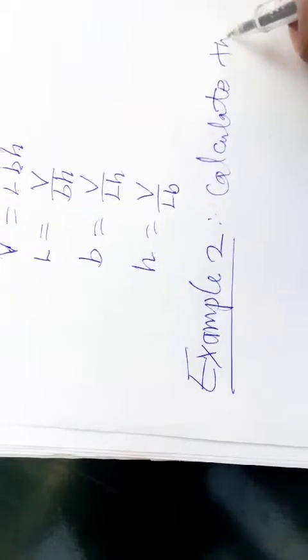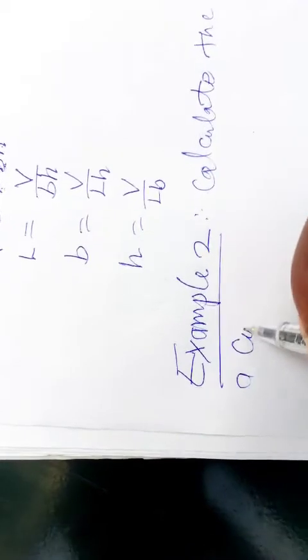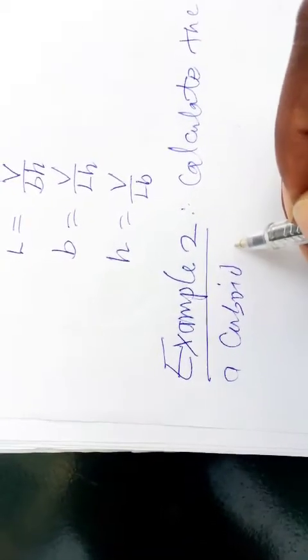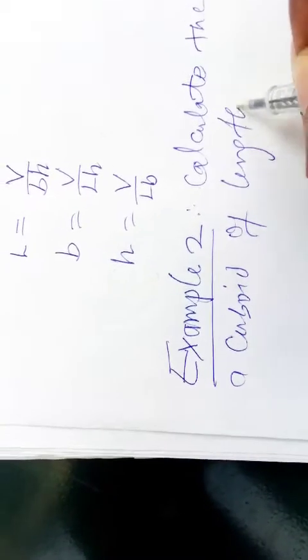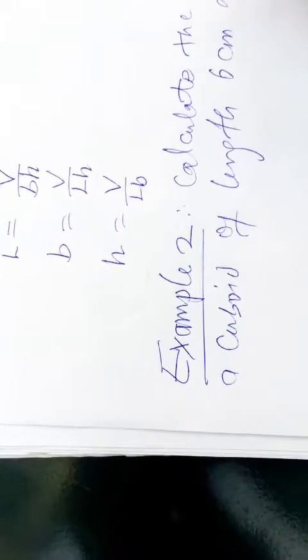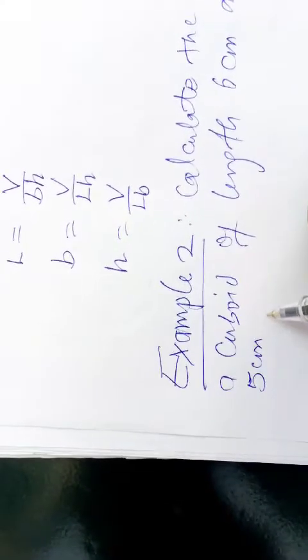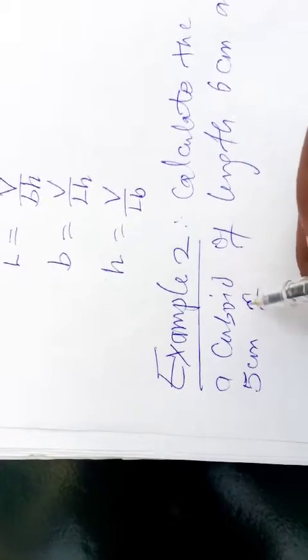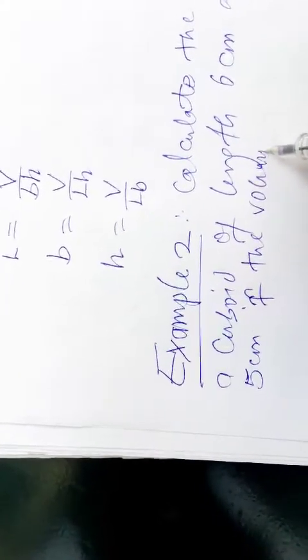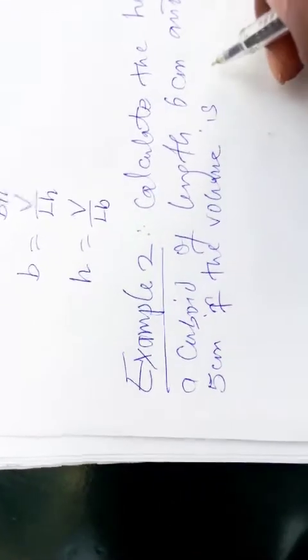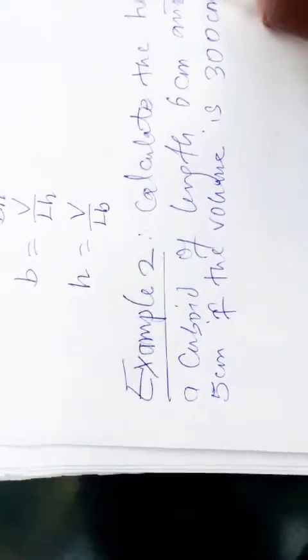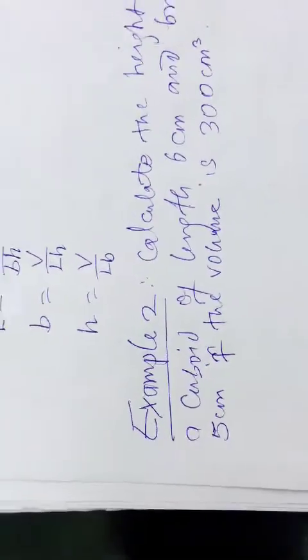Calculate the height of a cuboid of length 6 centimeters and breadth 5 centimeters, if the volume is 300 cm cubed. Okay, and that's the question.